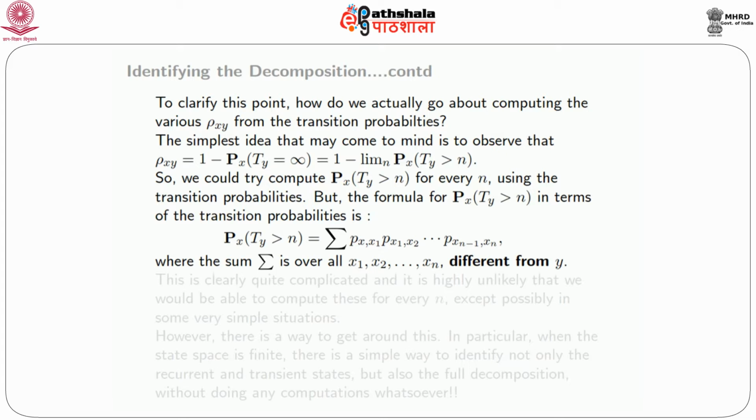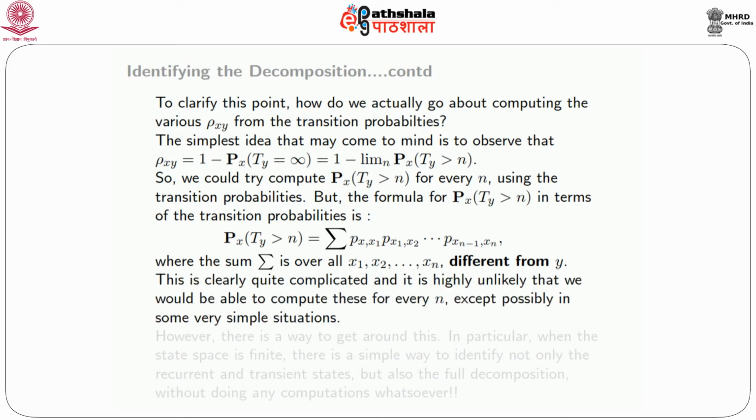It will be simply the sum of pxx1, px1x2, etc., pxn minus 1xn, where the sum is over all possible choices of x1, x2, ..., xn different from y, because y is not supposed to be visited. Now, this is clearly quite complicated, and it's highly unlikely that I would be able to compute these quantities for every n, except possibly in some very simple situations. So the question is, how do we go about it?